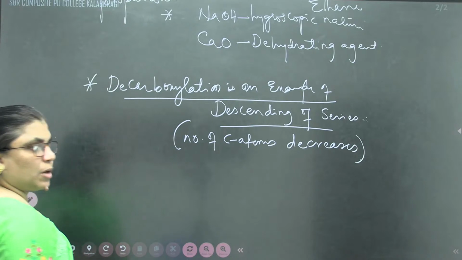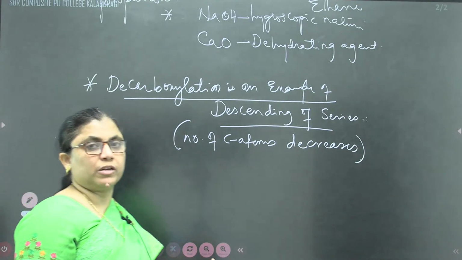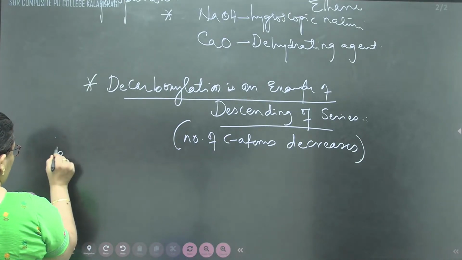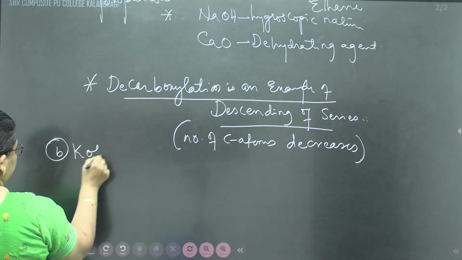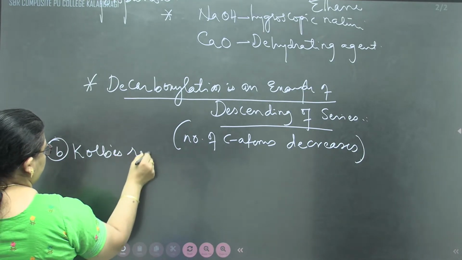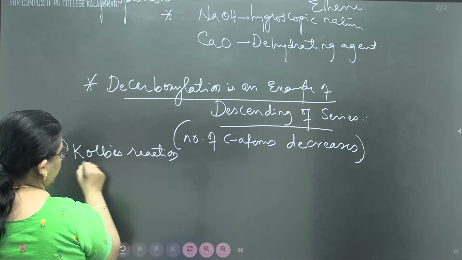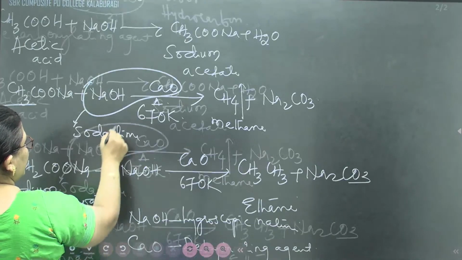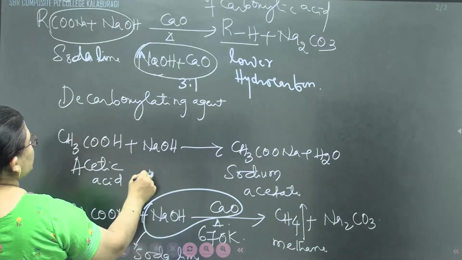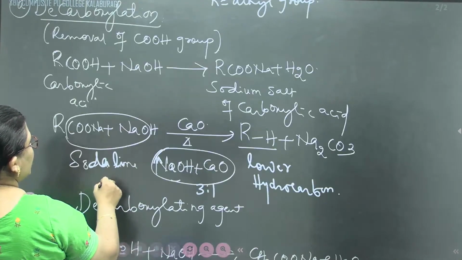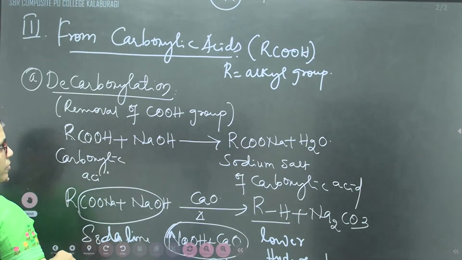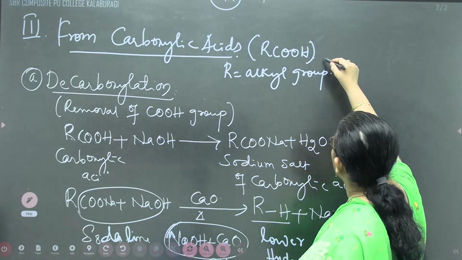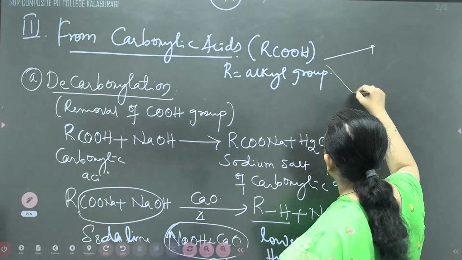Here, from the carboxylic acid only, one more method is possible, called Kolbe's reaction. You can see here, from carboxylic acid, two methods are there to convert it into hydrocarbon.